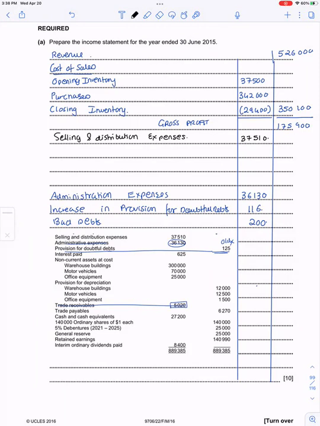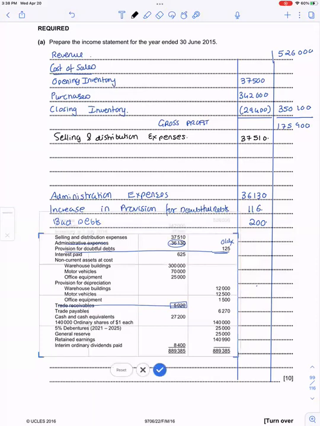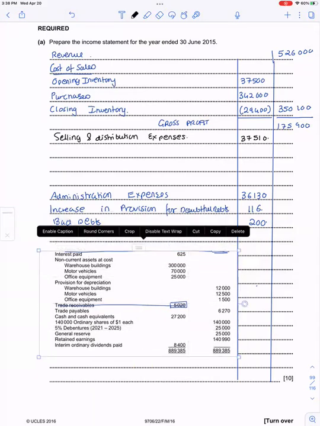What other thing will come in selling and distribution expenses? Tell me.